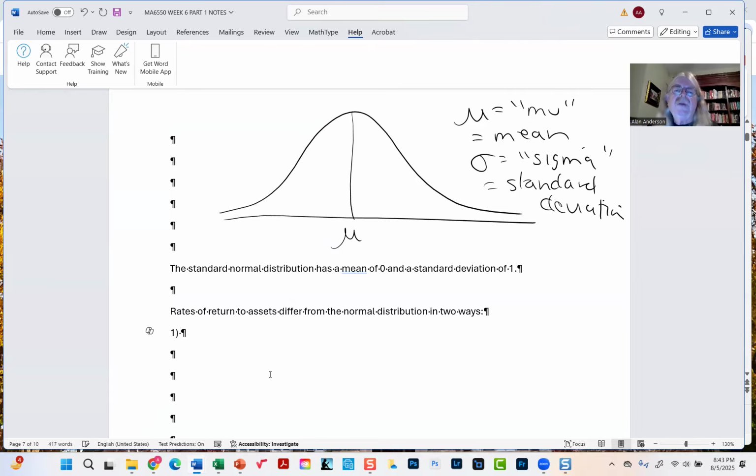One, actual returns to assets experience more extreme outcomes, both high and low, than is consistent with the normal distribution.